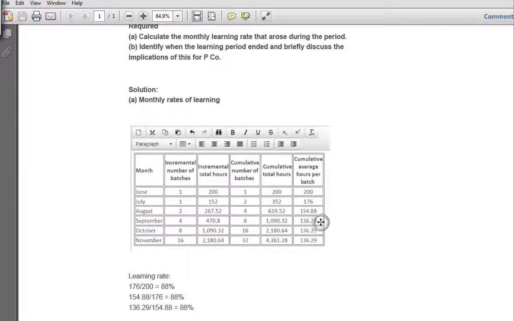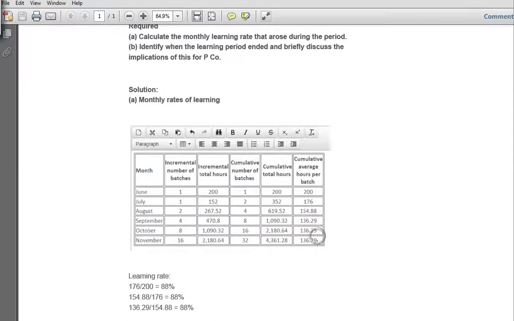But over here, you can see the learning has stopped. The cumulative average time taken after September, from October onward, is 136.29. From October the learning has stopped.